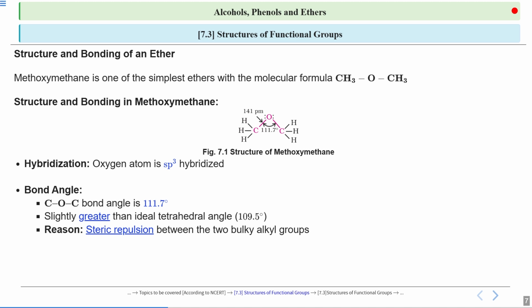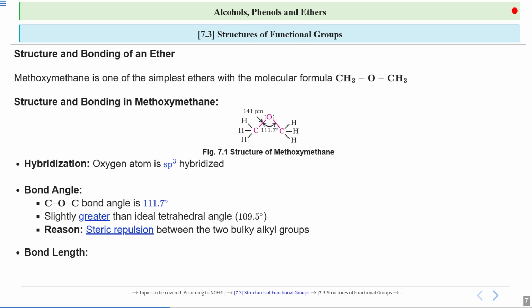So 111.7 degrees, a slightly greater bond angle than the ideal tetrahedral angle, is due to the steric repulsion between the two bulky alkyl groups around oxygen.